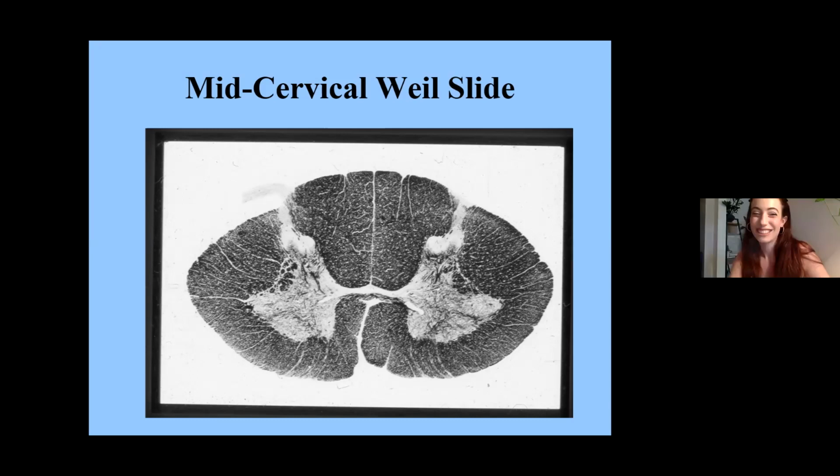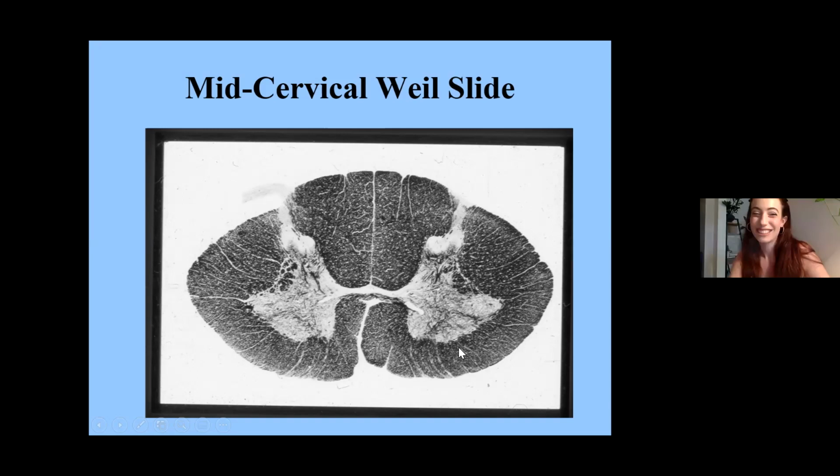Okay, and then we have the decussation of the corticospinal tract. We have the lateral corticospinal tract. We have the posterior spinocerebellar. Then lateral to the ventral horn, we have the lateral spinothalamic and the anterior spinocerebellar.